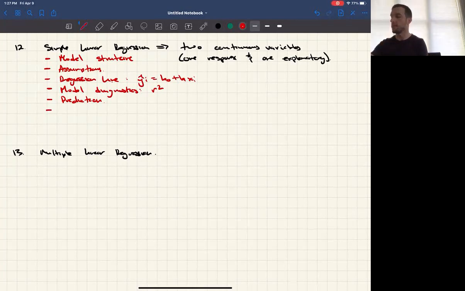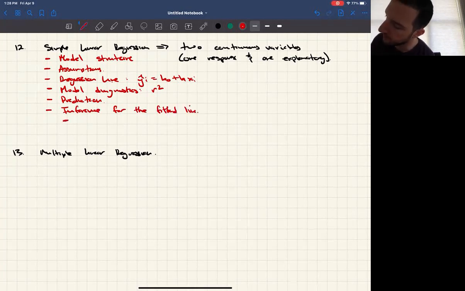We talked about inference for the fitted line.